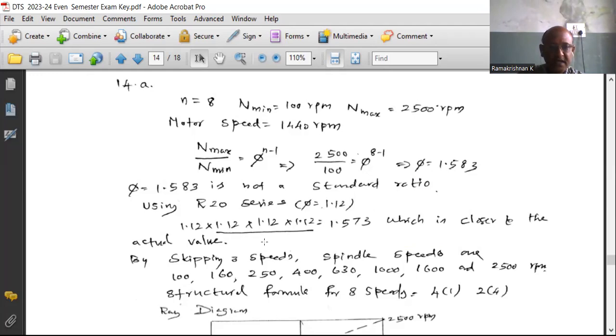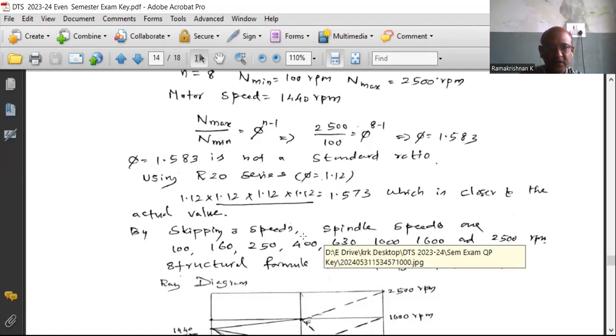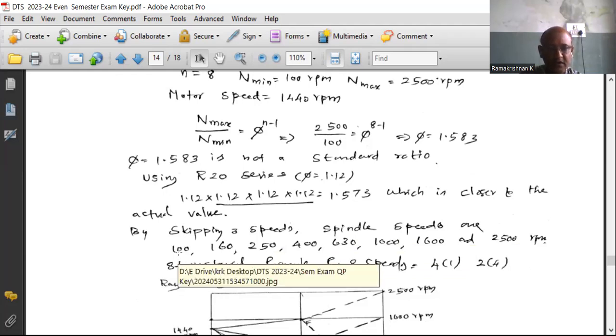So in the R20 series in the data book, we can select the 8 output speeds by skipping 3 speeds, that is underlined here. Looking into the data book R20 series, starting with 100. In the data book it may be 1 or 10; we can multiply by 10 or 100 as per the requirement.